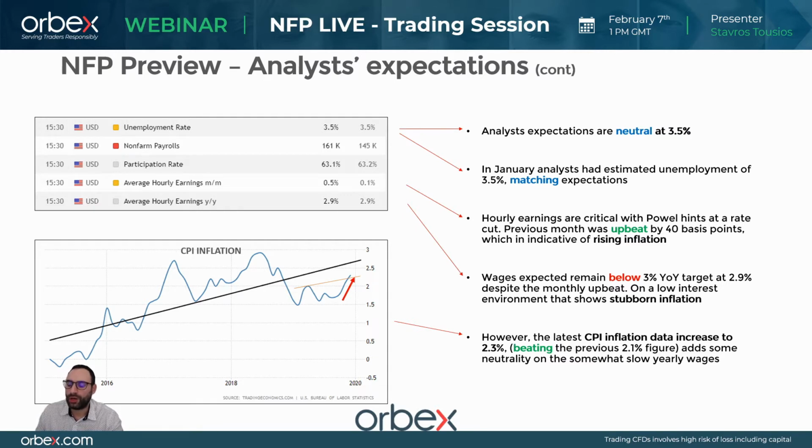Now, when we are in a low interest environment, that shows that inflation remains stubborn. Then you might ask yourself, what exactly do you mean by low interest environment? The US actually has the highest interest rates at this moment. Yes, it is the case, but in general, it's not a high interest rate compared to historical data, right?